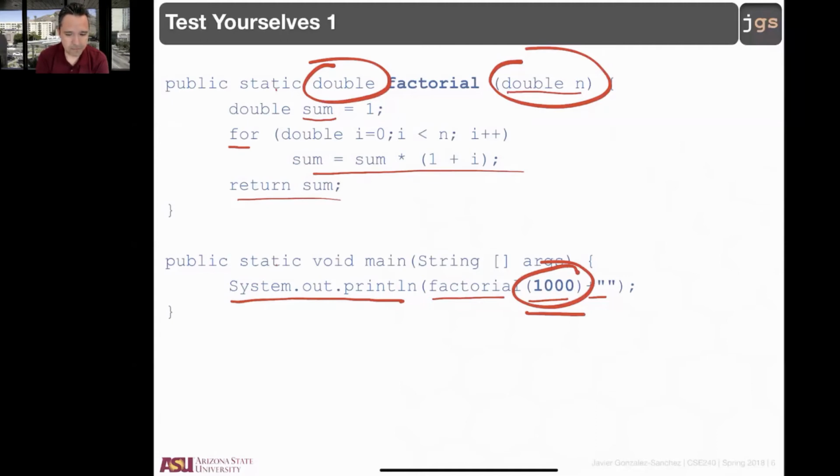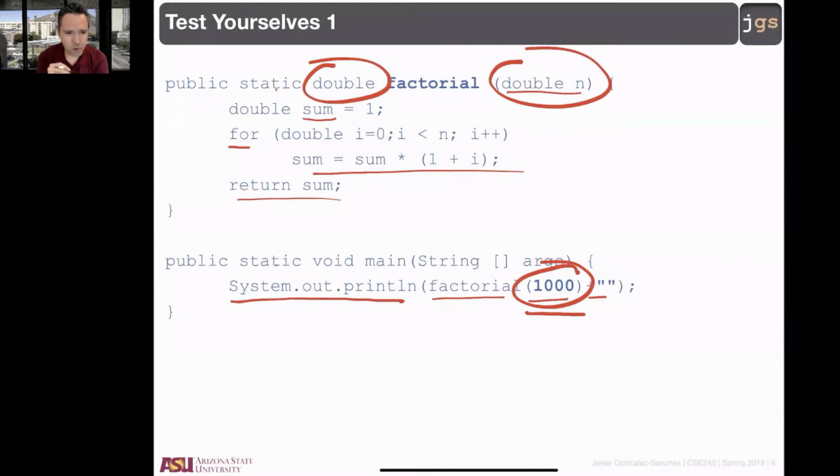We can try. Anyway, factorial of 1000, that one times 999 times 998 times 997. Depending on what you do, but at some point, yeah, that is going to happen. You are going to have an overflow problem.